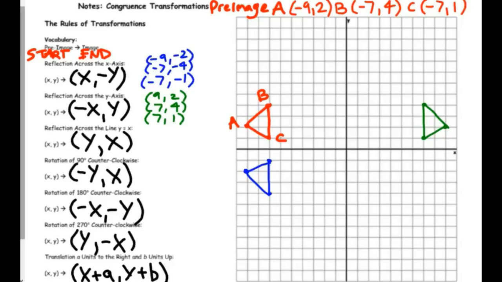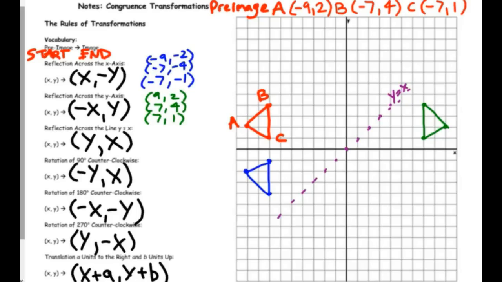Up 1, right 1. Starting at 0, 0, which is called the origin. Basically, this diagonal line that I'm creating right here, that's what I'm going to reflect across. Okay, this is y equals x.